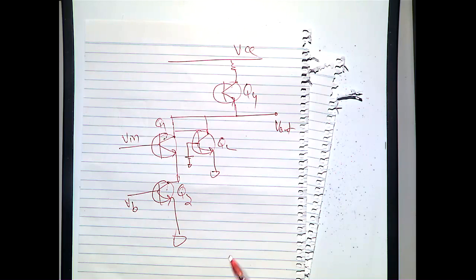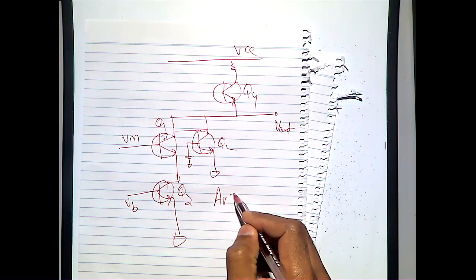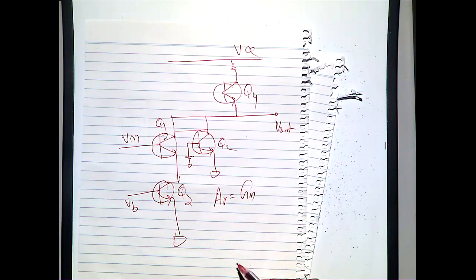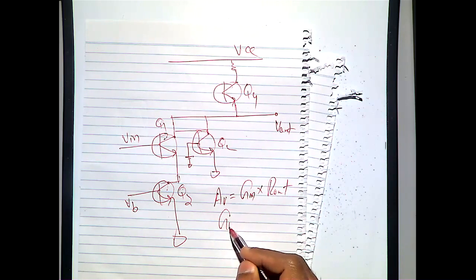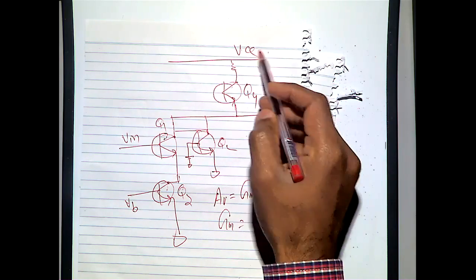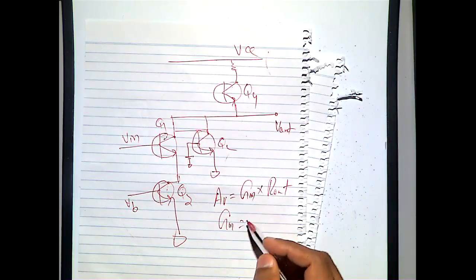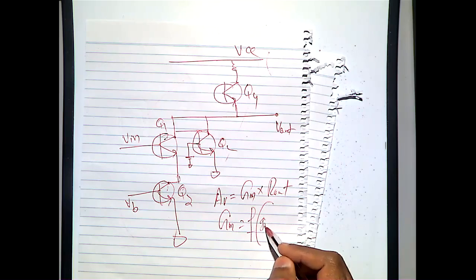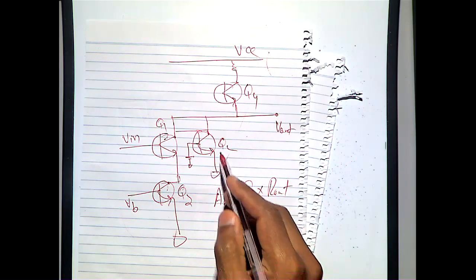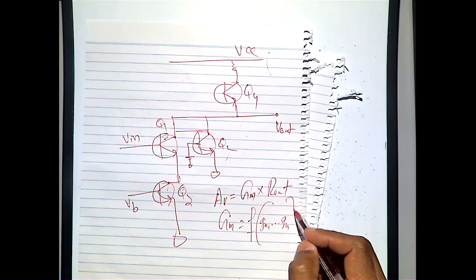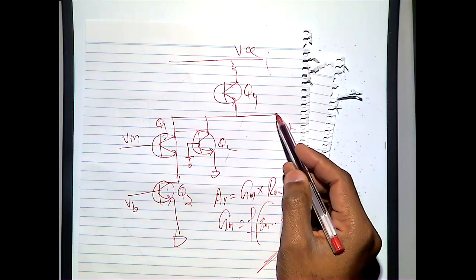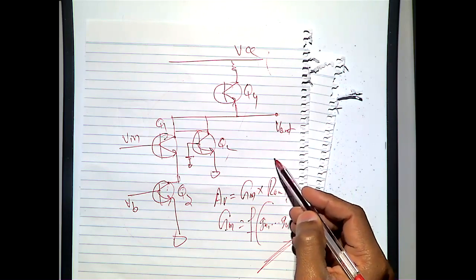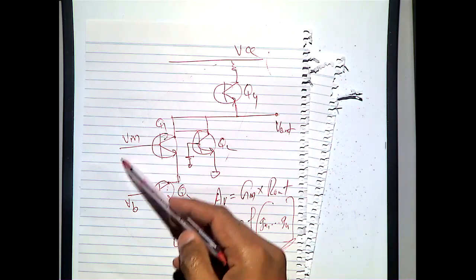Here I can write the gain equal to capital Gm times R out. Capital Gm is the total transconductance of the circuit, which is a function of gm1, gm2, gm3, gm4. You know what I meant? If you can find out the total transconductance, and then find out R out by connecting a test voltage source, then we can find out the gain.